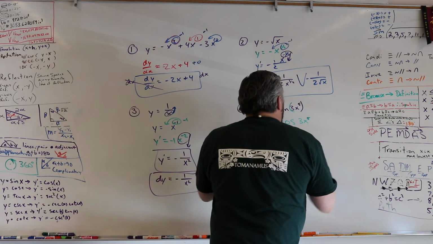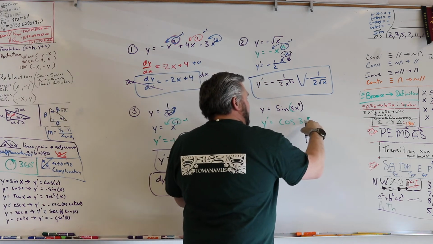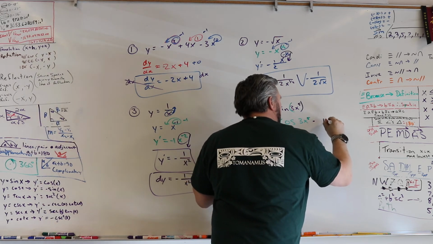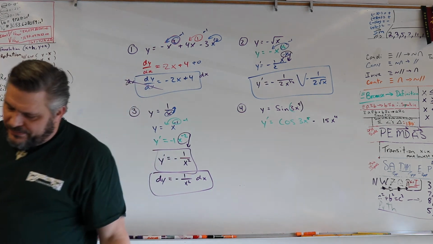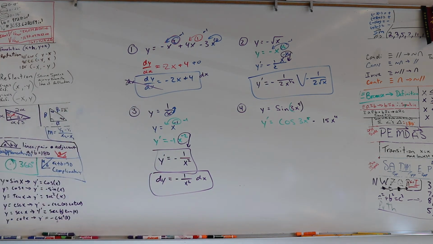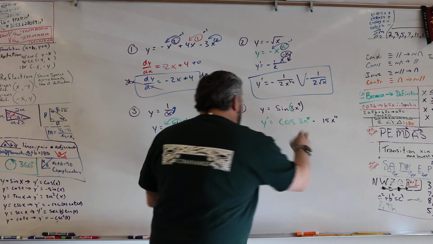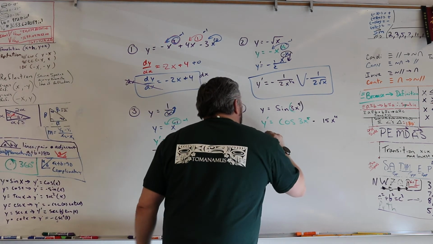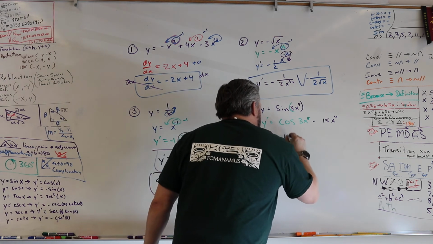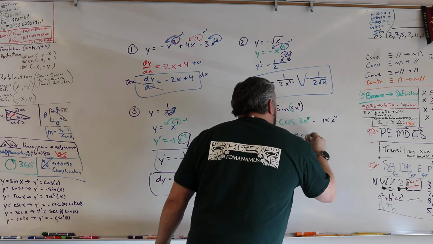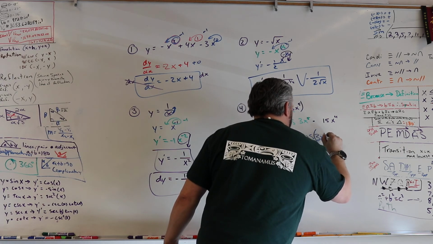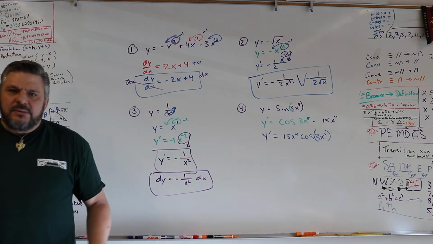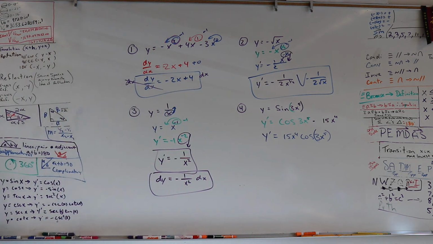So then I would have times, and then what's 5 times 3? 15. And 1 from 5? 4. Okay? And so the way I would write this is I would keep my number out in front, and I would want to write this as 15x to the 4th times cosine 3x to the 5th.